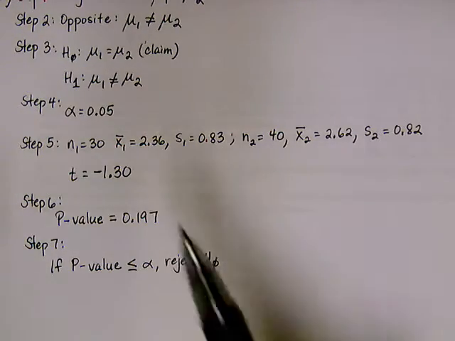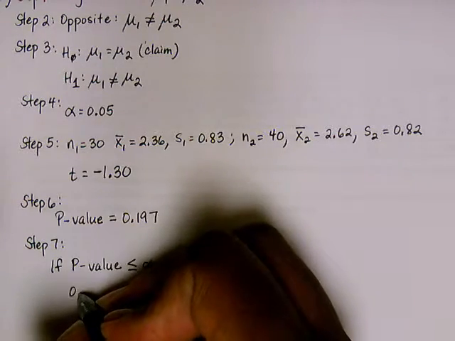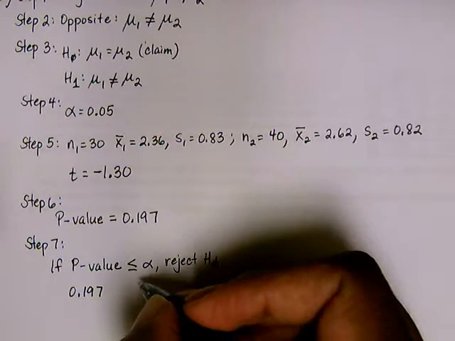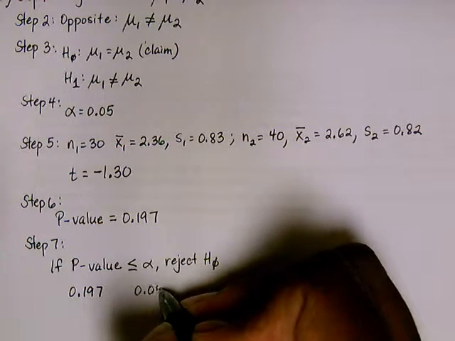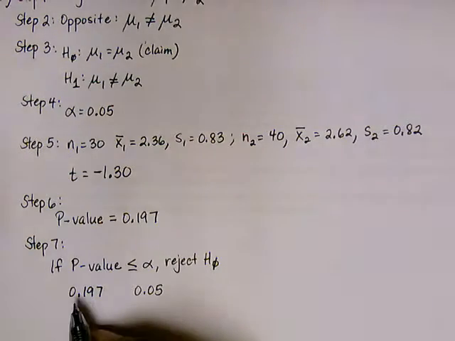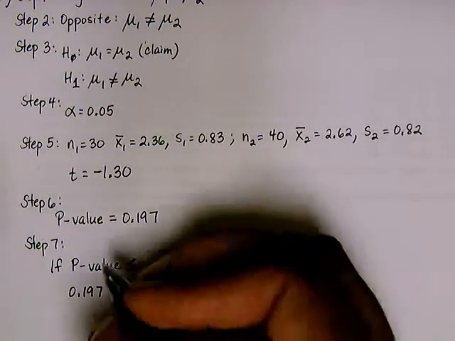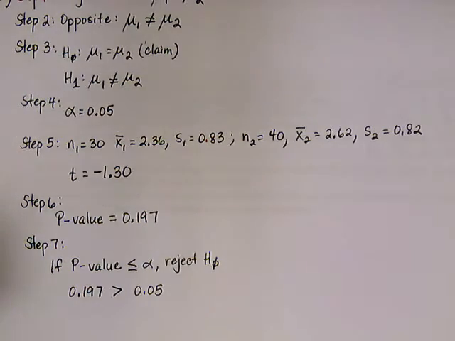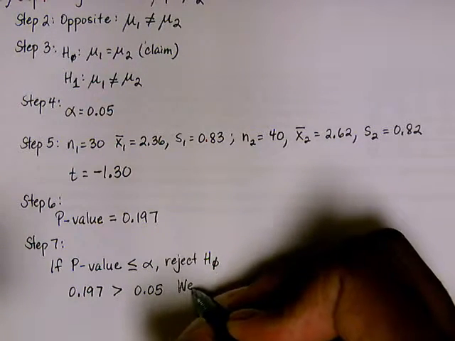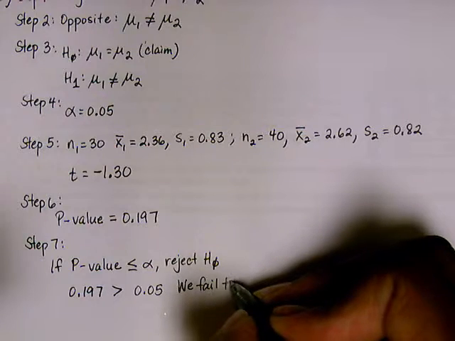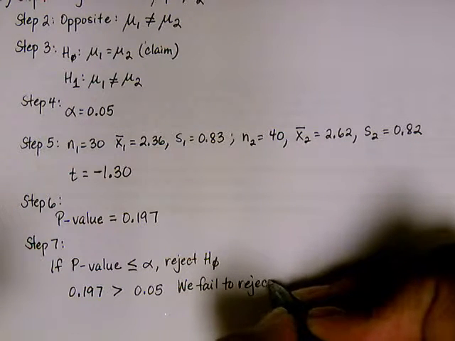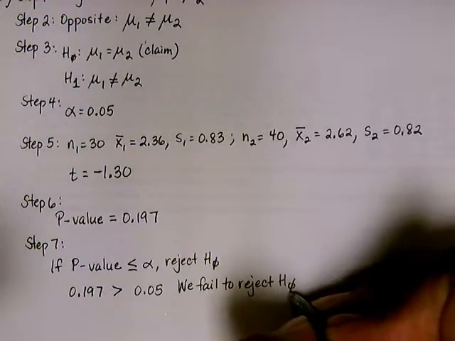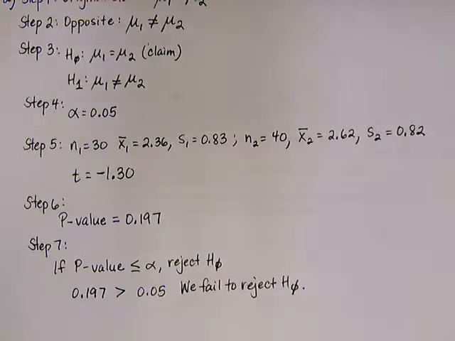In this case, our p-value from step number 6 is 0.197, and your alpha level was 0.05 from step 4. If you compare those two, you can see that 0.197 is greater than 0.05. So this does not satisfy the decision rule, which means we fail to reject the null hypothesis.